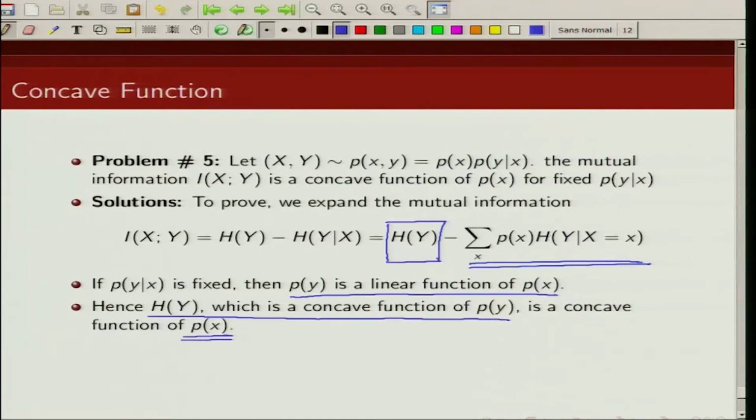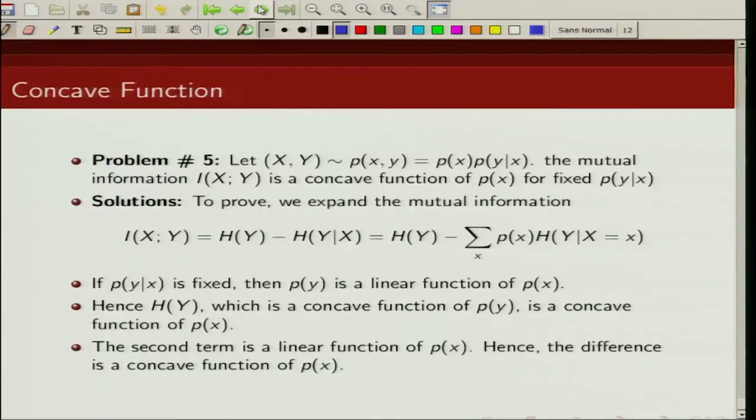You can look at this expression, this is a linear function of P of X. So, mutual information consists of 2 terms, one which is a concave function of P of X, another which is a linear function of P of X. So, the sum of that will also be a concave function of P of X. As I said, since the second term is a linear function of P of X, the difference or the sum will also be a concave function.